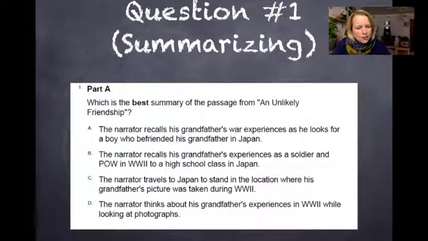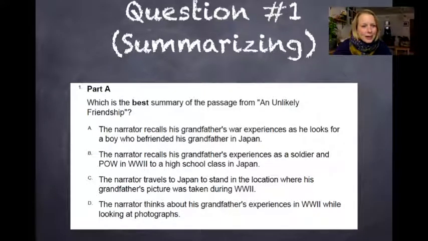And D, the narrator thinks about his grandfather's experiences in World War II while looking at photographs. Well, this doesn't even imply that he traveled, that he talked to the brother of his grandfather's friend, that he talked to high school students, all his research. So that could be eliminated as well.